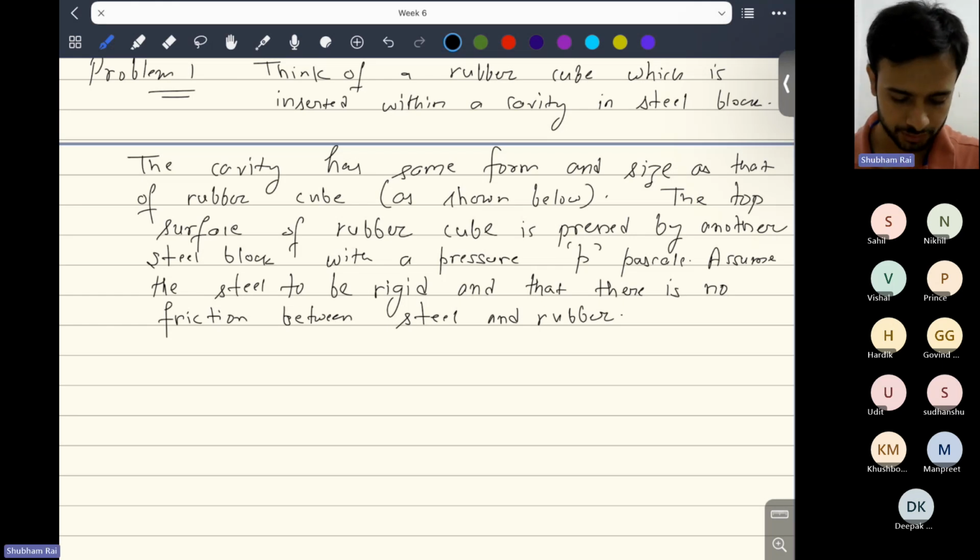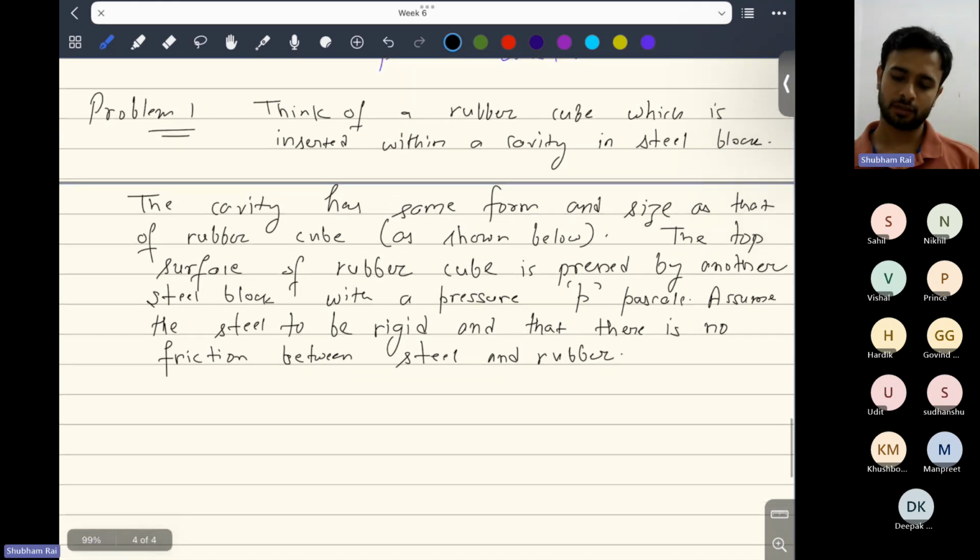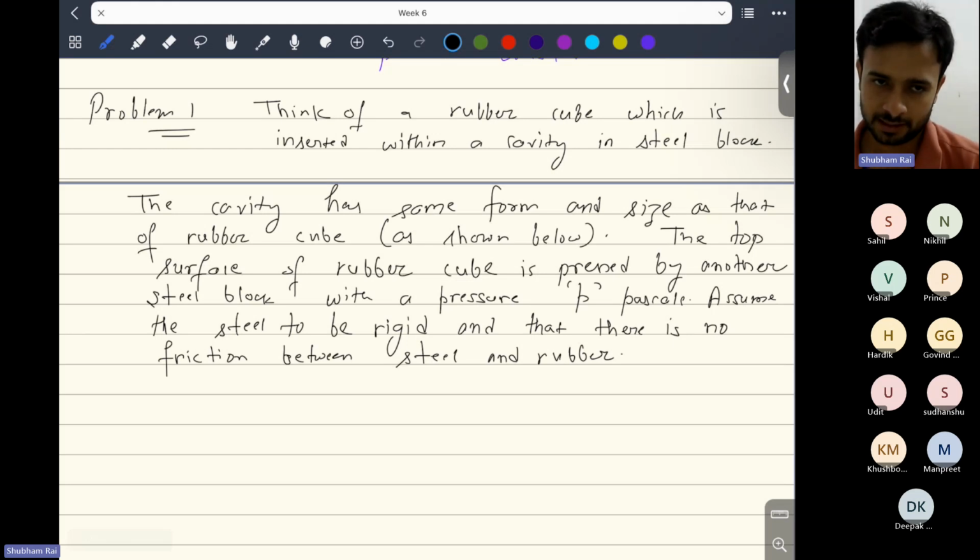So you have a rubber cube which is inserted within a cavity in a steel block. The cavity has the same form and same size as that of the rubber cube, and the top surface of the rubber cube is pressed by another steel block with a pressure P Pascals. You have to assume the steel does not undergo any deformation, it is rigid, and there is no friction between steel and rubber.